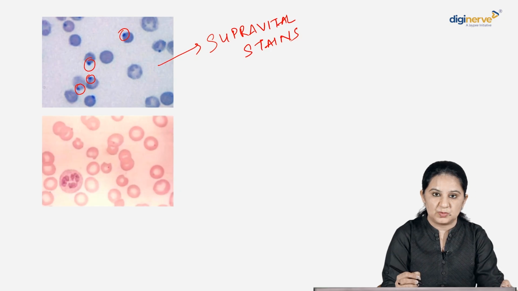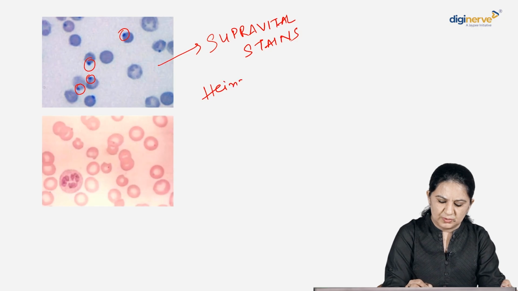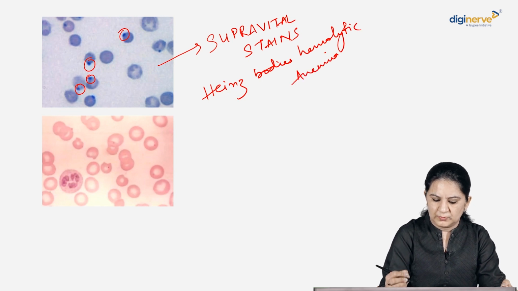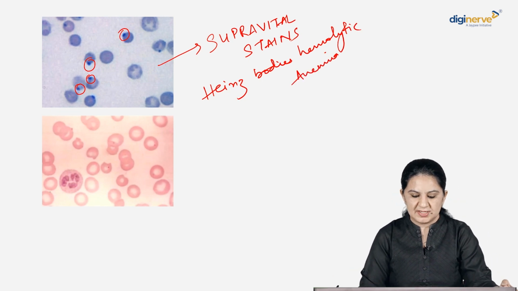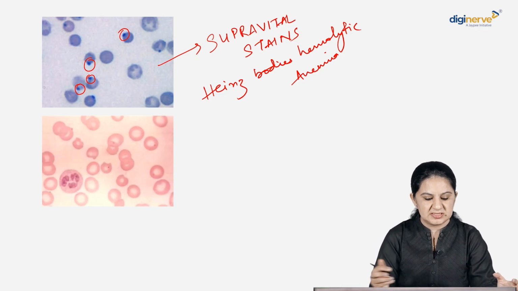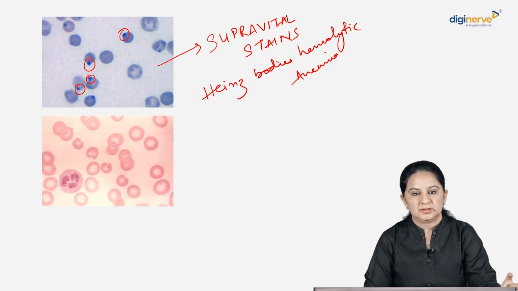Because of these Heinz bodies, G6PD deficiency anemia is also known as Heinz bodies hemolytic anemia. I already told you that these Heinz bodies are usually not seen 1 to 2 days after the hemolysis.